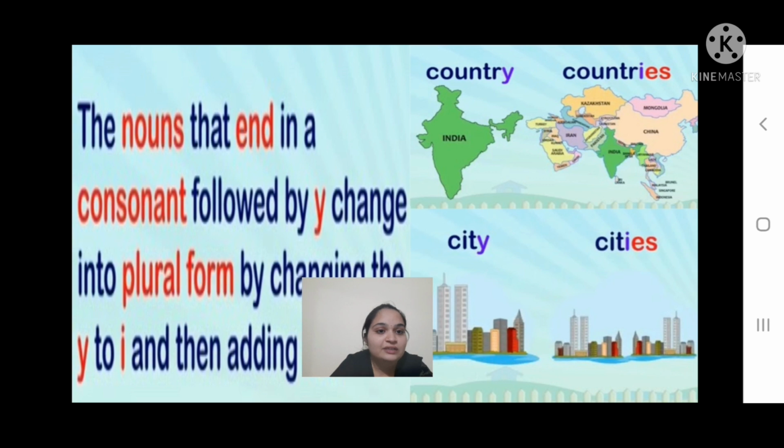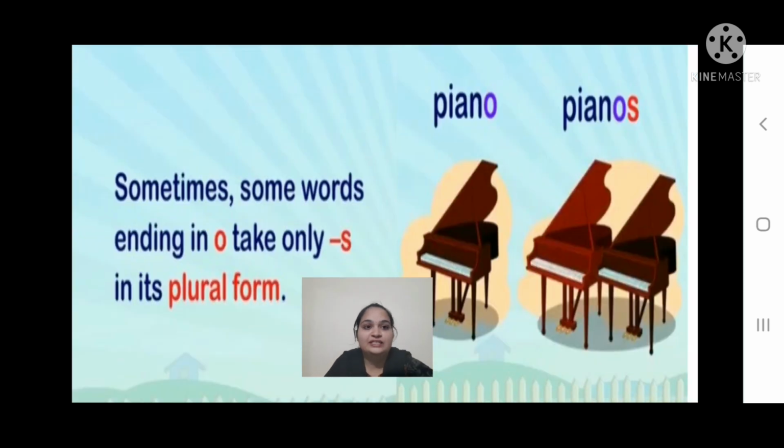Instead of y we add i and then we also add es. Same way in the word city, we take out y and add ies to it to make it cities, the plural form of city.